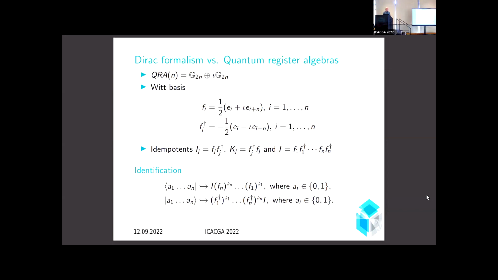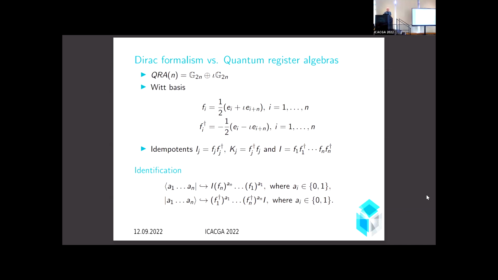Okay. Now, the goal is how to simulate Dirac formalism in our geometric algebra. To work with the n-qubit space, we define the quantum register algebra as a complexification in our sense, so with the help of C tilde, a geometric algebra with dimension 2n.